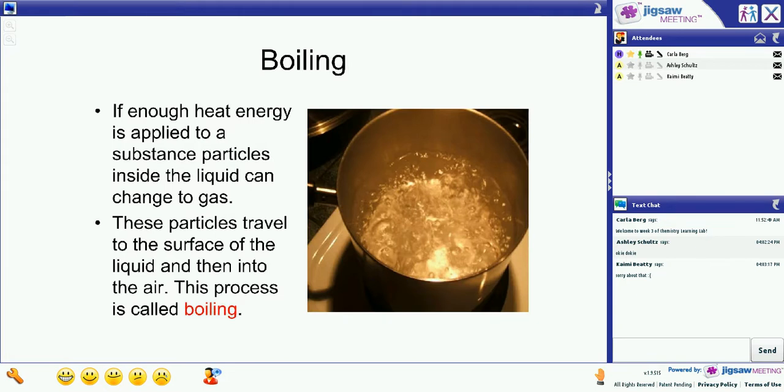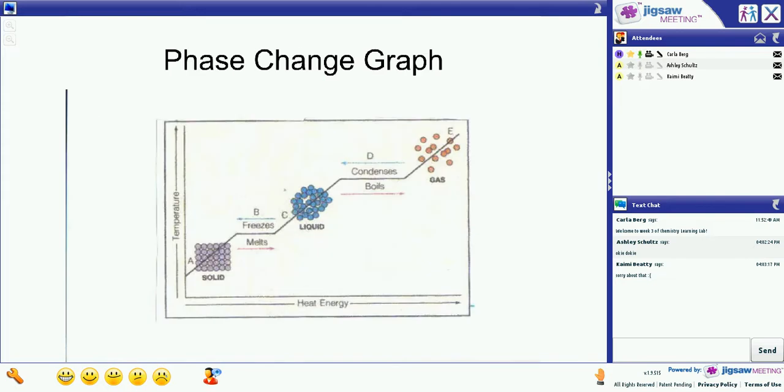If enough heat energy is applied to a substance, particles inside the liquid can change to gas. These particles travel to the surface of the liquid and then into the air. This process is called boiling. This is the same diagram we're going back to again, and it's just to show you that the second plateau is where this boiling takes place.